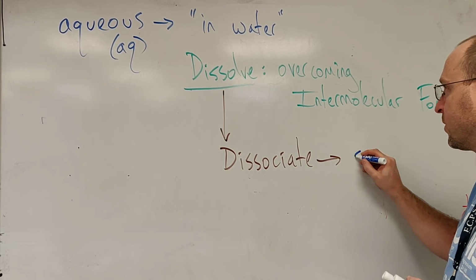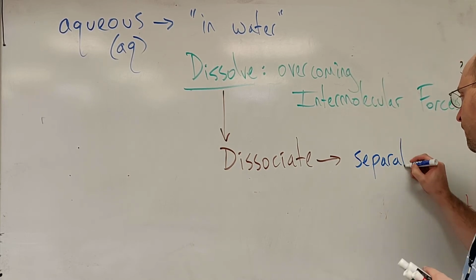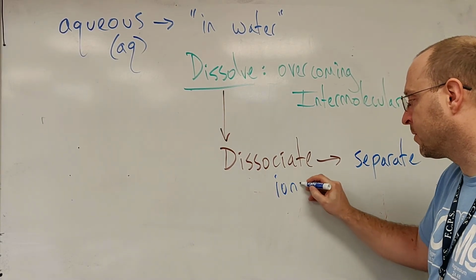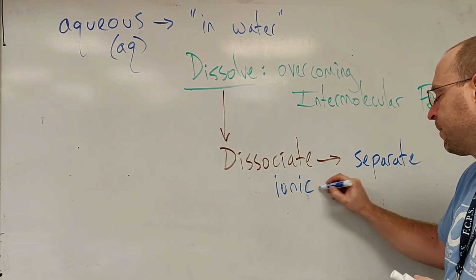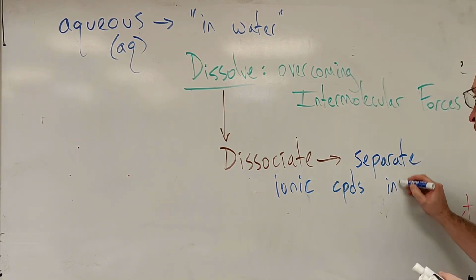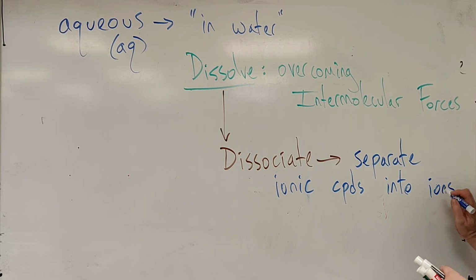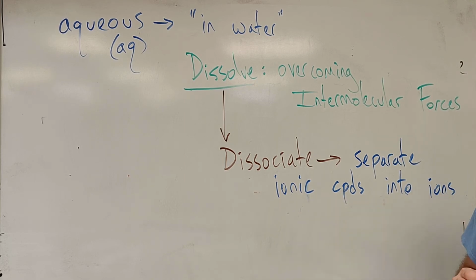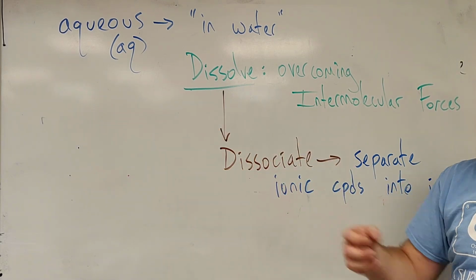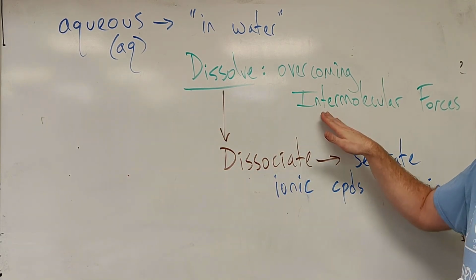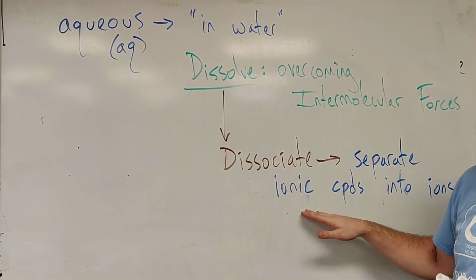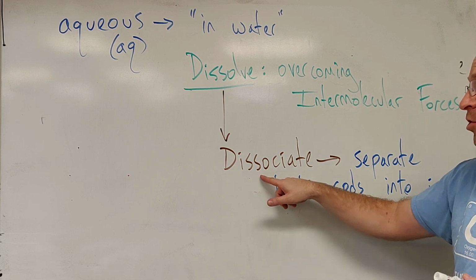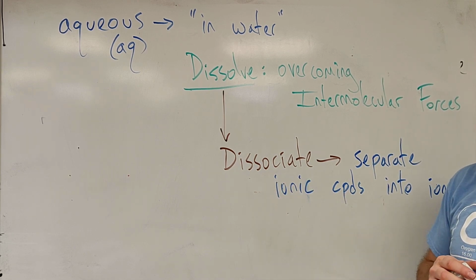So in this case, we are separating our ionic compounds into ions. All right. So unlike a case where like sugar molecules just become farther apart, like table salt composed of sodium ions and chloride ions, literally those ions get farther apart. So while there is sugar in sugar water, there's not actually any salt in salt water. That NaCl dissociates into sodium ions and chloride ions.